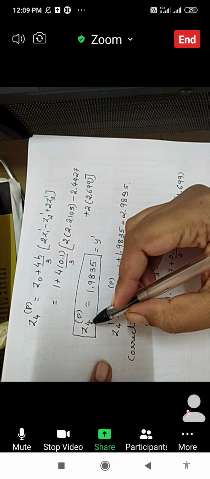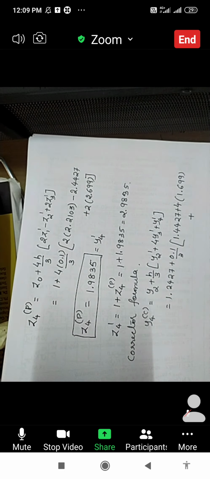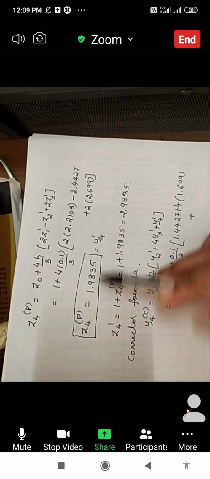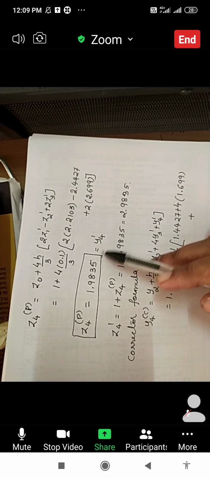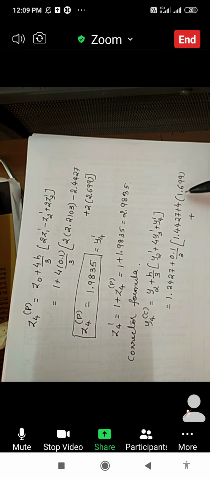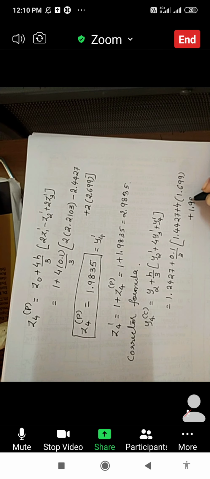But this is when x is changing to x4, so this becomes Y4 dash also. So don't use the Y4P value, use Z4P when you substitute for Y4 dash: 1.9835.